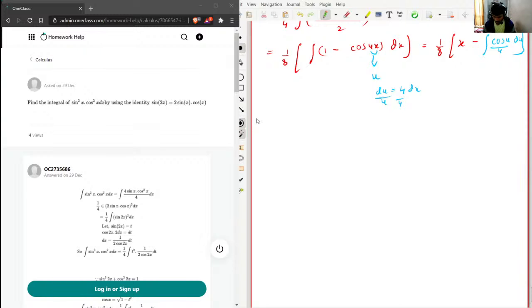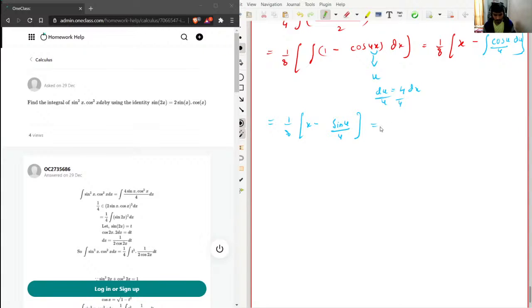I'll do this integration. So this was x minus, now integration of cos will be sine. So this will be sine of u over 4, and now I'm going to substitute the value of u.